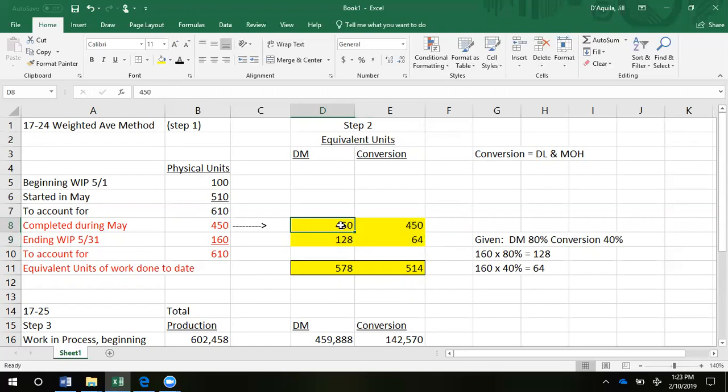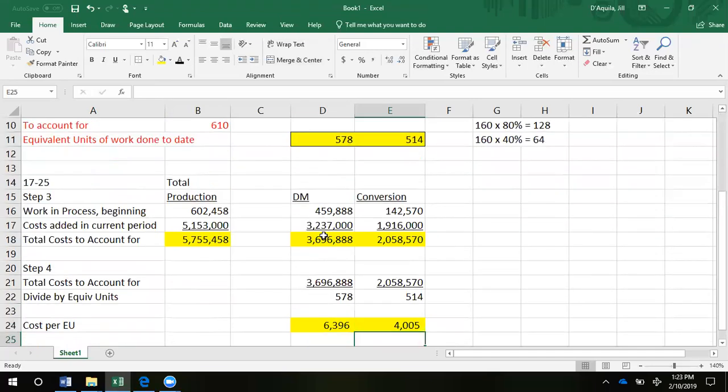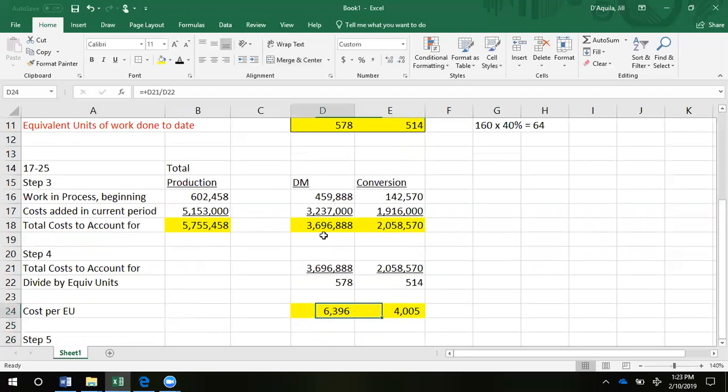So there were 450 completed units. They're complete, so we've got all the equivalent units of material and all of the equivalent units of conversion. So we're dealing with 450 equivalent units. Each equivalent unit is costing $6,396 for material and $4,005 for conversion.